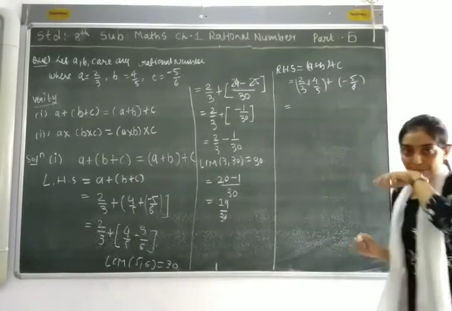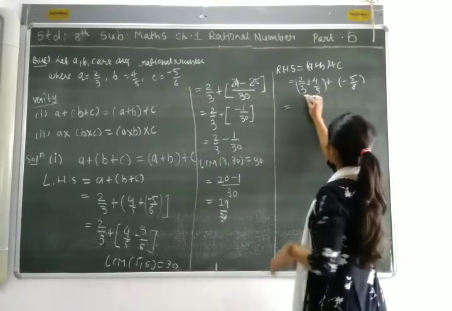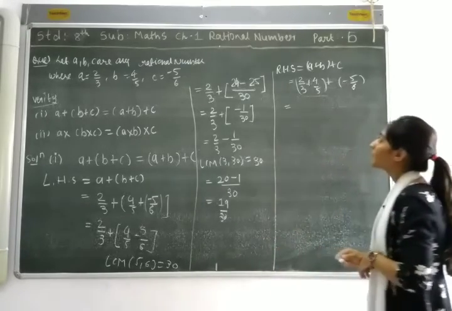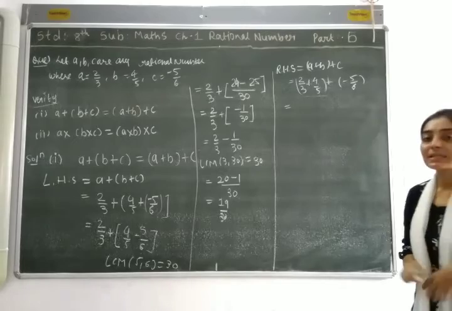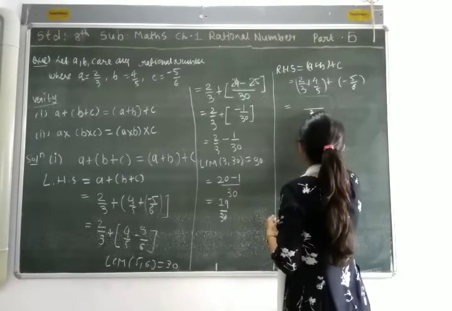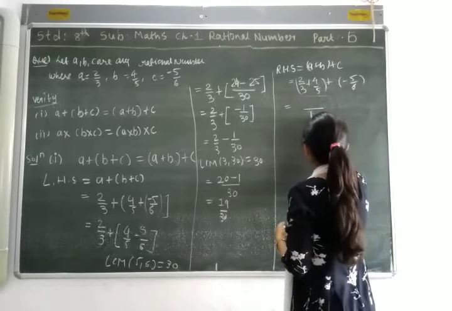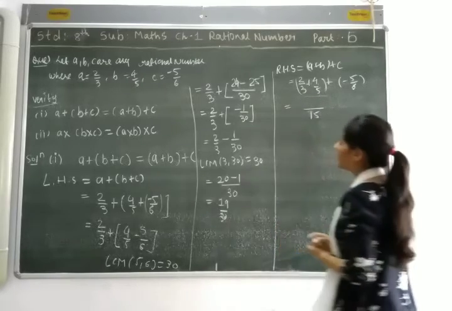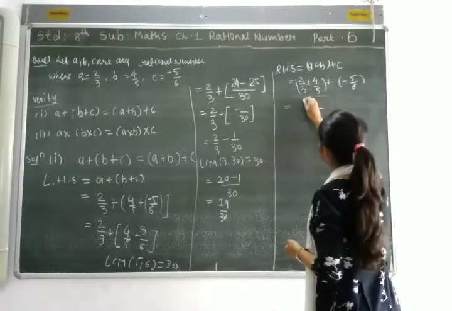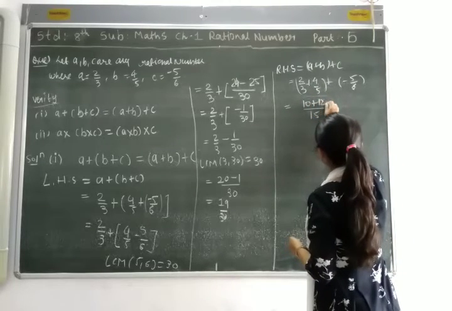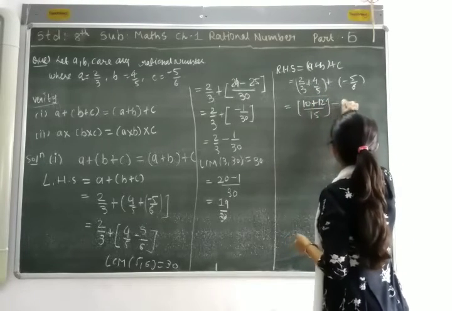First solving this one, the LCM of 3 and 5 is 15. Then minus 5 by 6.